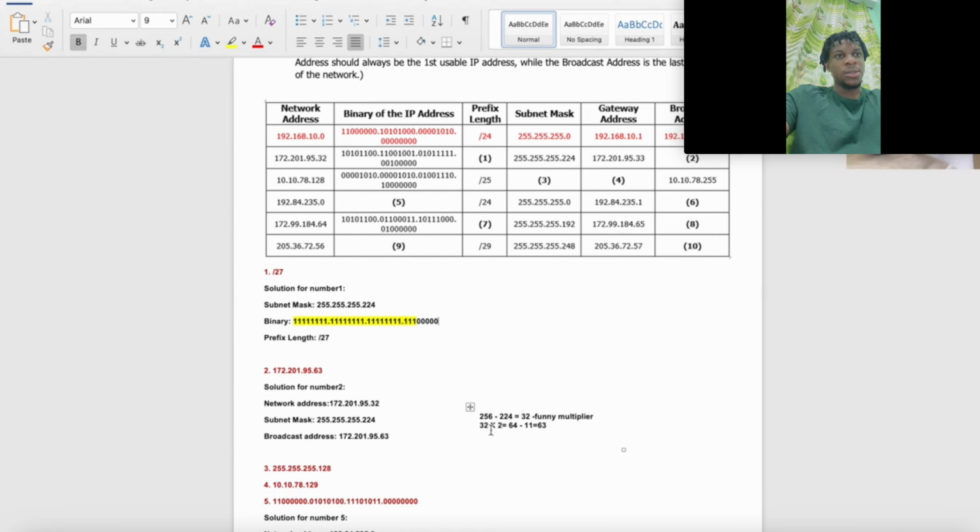Then you do 32 times 2 equals 64, minus 1 equals 63. That's the final solution and answer for number 2.